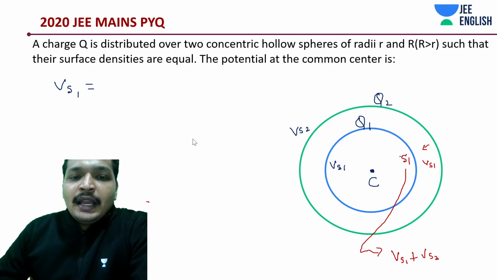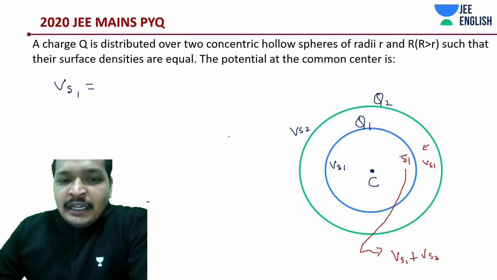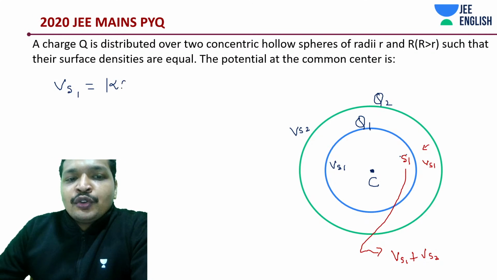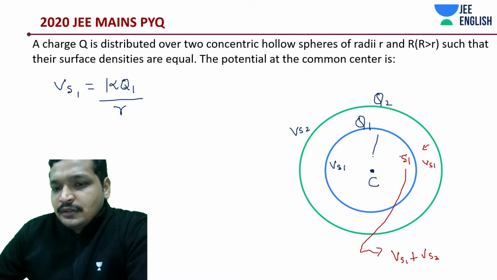Anyway, I'm just talking about potential due to shell 1 at the center and on its surface. How much is it? K into Q1 by small r. Don't need a confusion around.